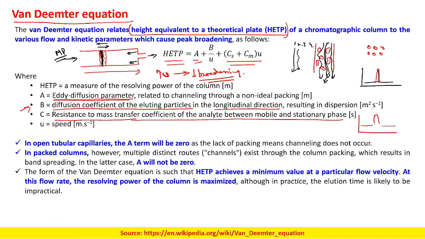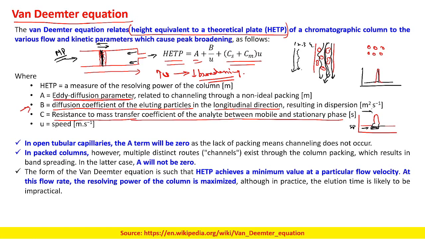This is all the same curve, but just for the sake of understanding, I'm drawing it with another color. Okay. So this portion is in the stationary phase, this black shaded area.